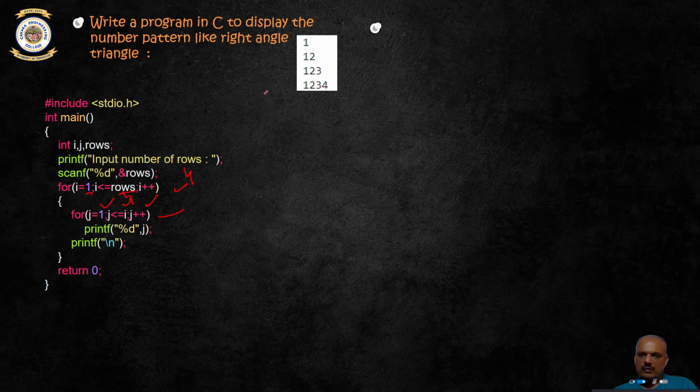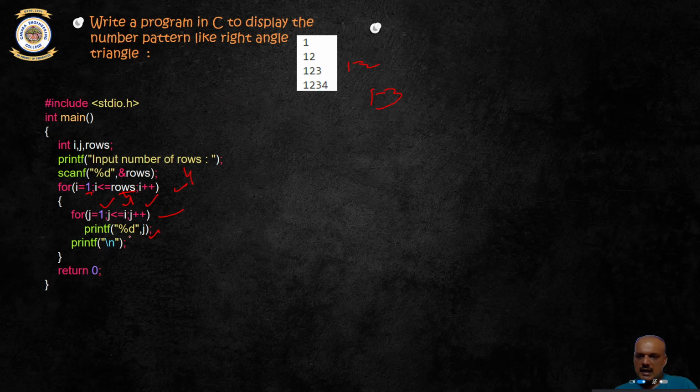So when i is 1, the column goes from 1 to 1. When i is 2, the column goes from 1 to 2. When i is 3, j goes from 1 to 3, and so on. Then I print the value of j. For every row I need to go to the next line.